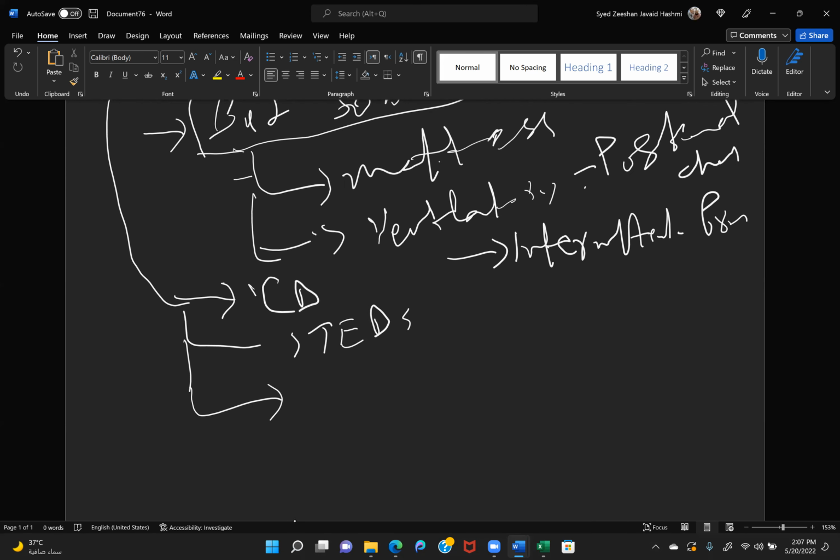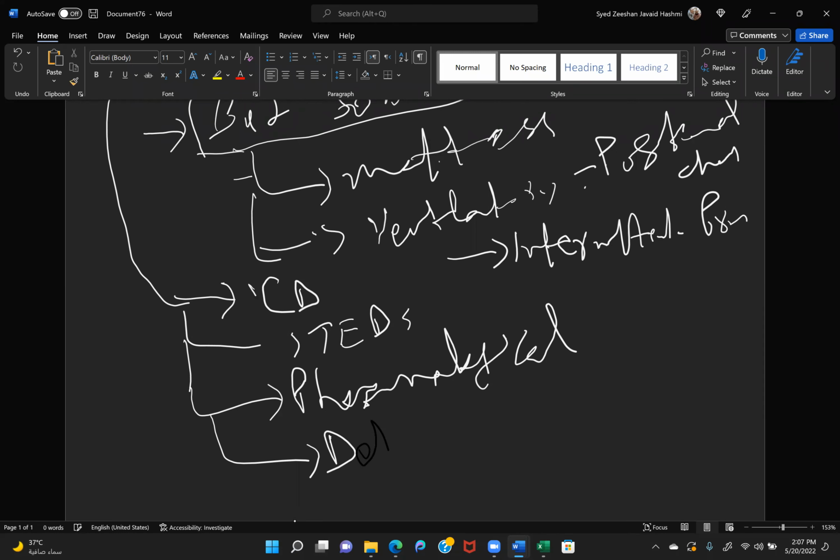Then in addition to pharmacological prophylaxis, you will be avoiding certain factors. In these patients, one of the factors is dehydration. So the patient should not be volume depleted, and usually this is not there in the majority of ICU patients.